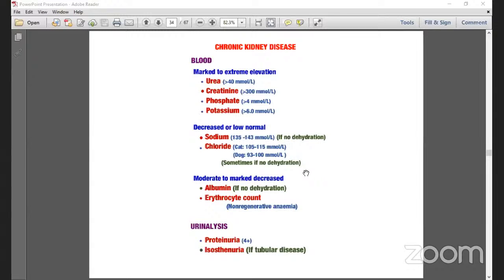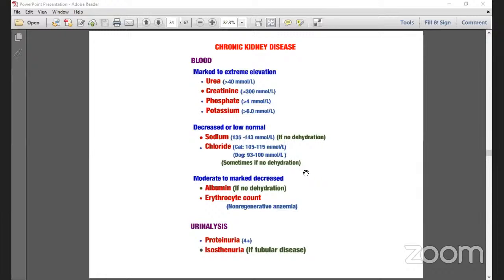As we know, one of the functions of the kidney is to produce the erythropoietin hormone, and this hormone acts on the bone marrow to stimulate the production of RBC. That's why, in case of the chronic disease, we might observe a moderate to marked decrease of the erythrocyte count, which gives a non-regenerative anemia.